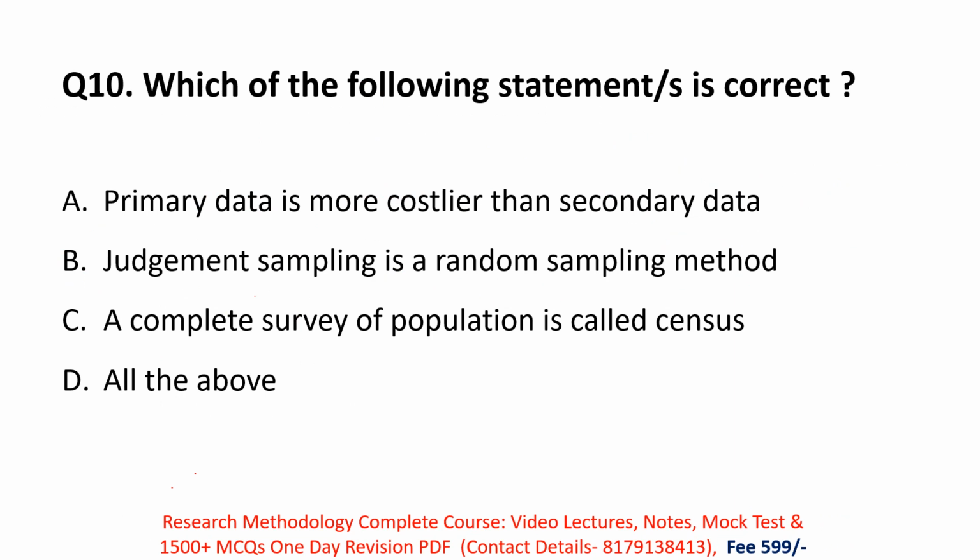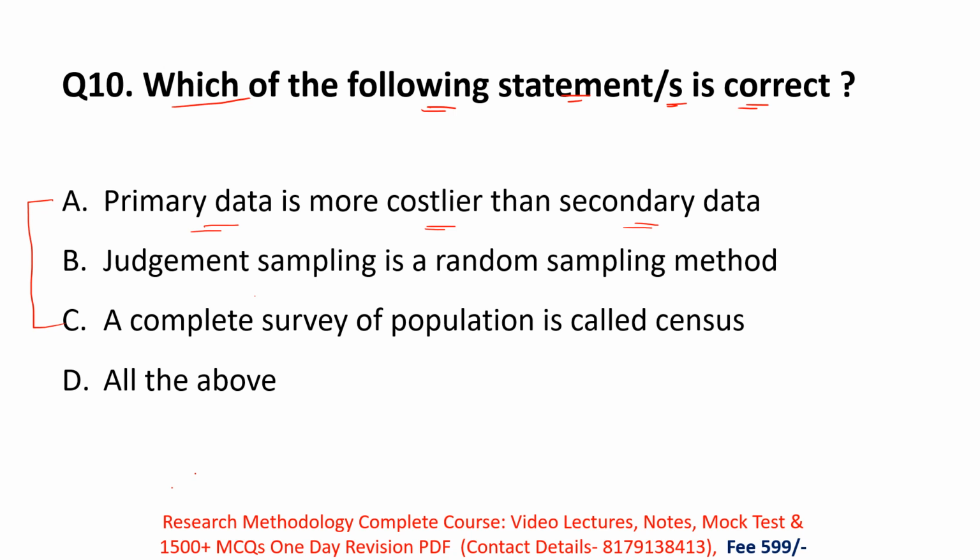Next. Which of the following statement or statements is correct? In this question, from these four options, we have to select the one option which is correct. So we'll see all the options one by one. The first option is primary data is more costly than secondary data.